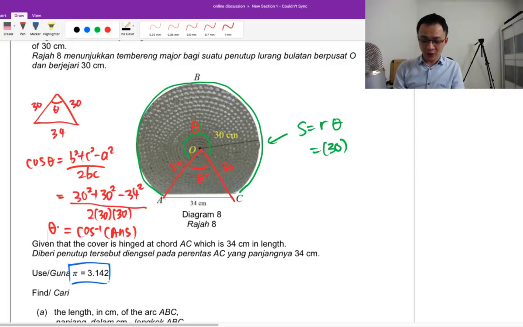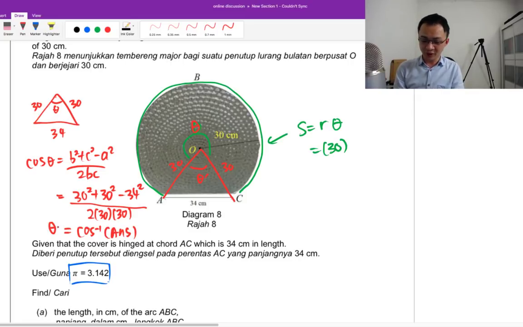So 30 square plus 30 square minus 34 square, and then divided by 2 multiply 30 multiply 30, and then shift cos answer. If your calculator is in radian, you basically, oops, type again, the whole thing is messed up.